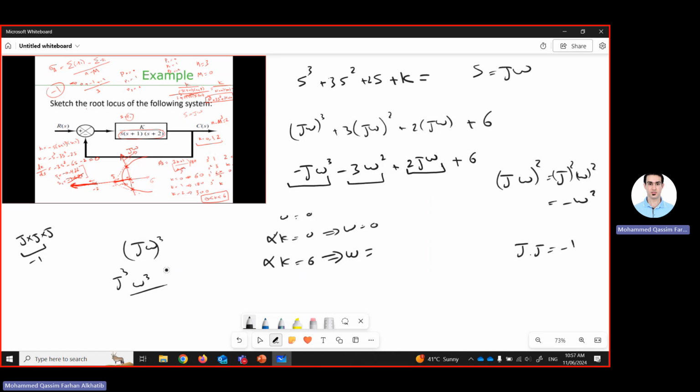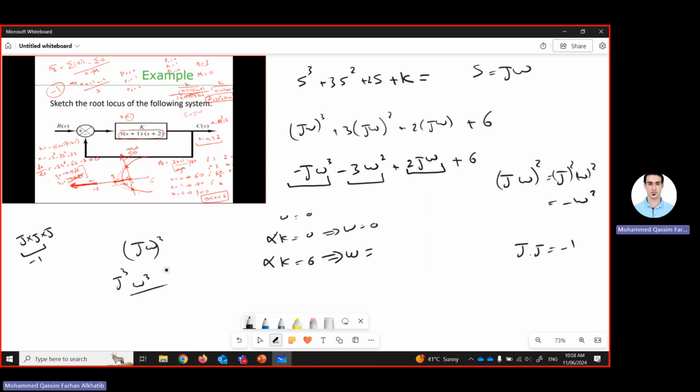Once I did the substitution, I will look for the real part and make it equal 0, not omega, the real part, because we have omega here, here and here. The real part is the one that does not have j. For the first case, negative 3 omega square equals 0, so omega equals 0. However, it did not serve us well. We reached nothing. I want other values for omega.